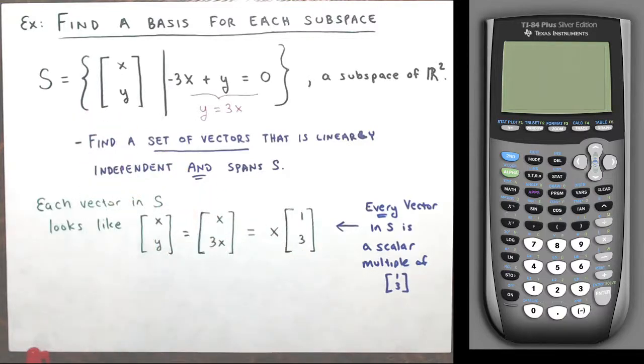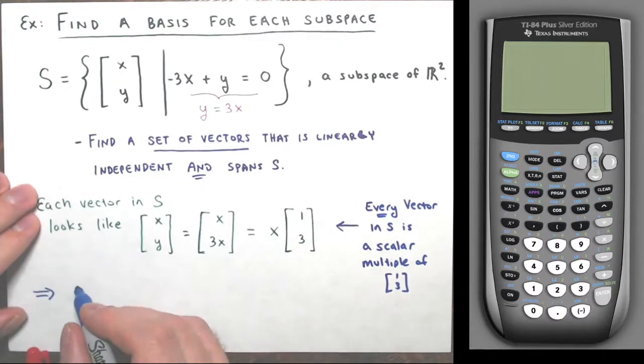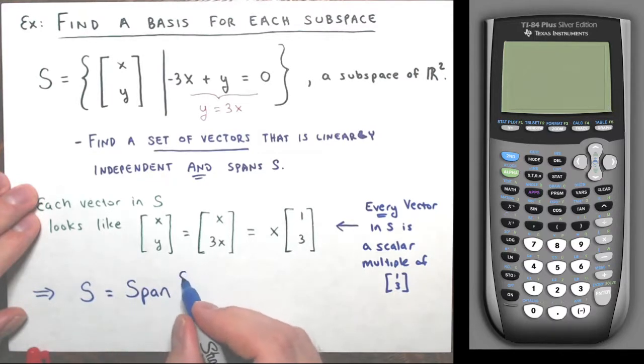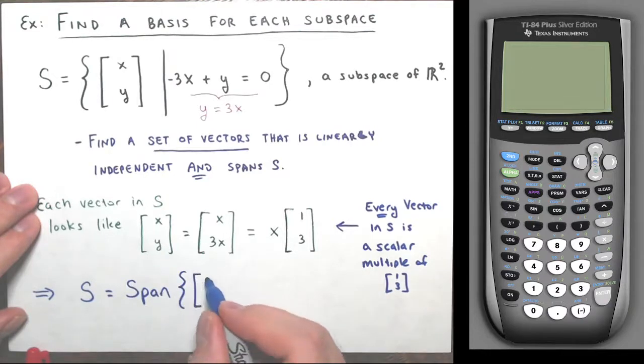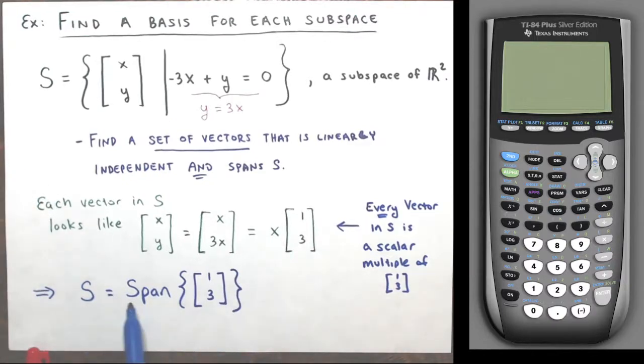In other notation, we could say that, therefore, S is equal to the span of the set with just the vector (1, 3) in it. Remember what this means: if S is the span of (1, 3), every vector in S is a linear combination of the vector (1, 3).